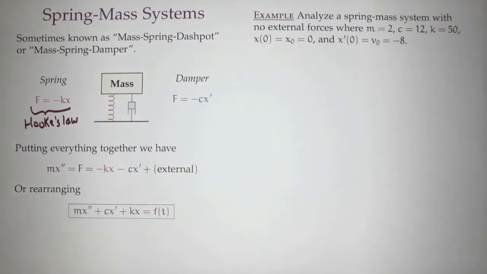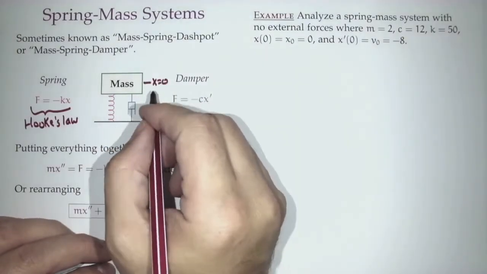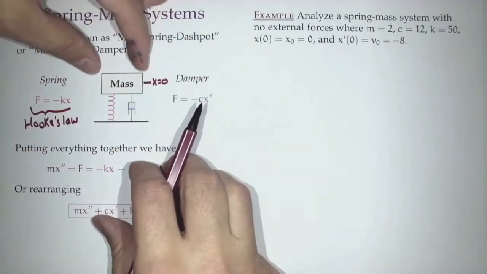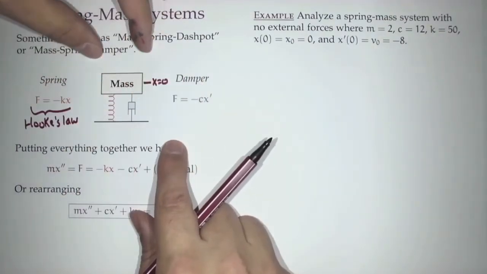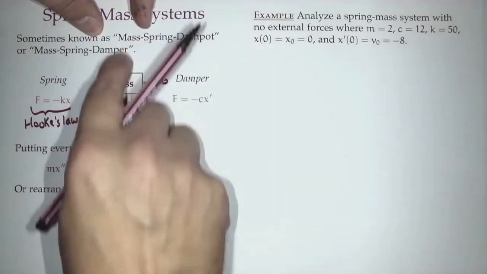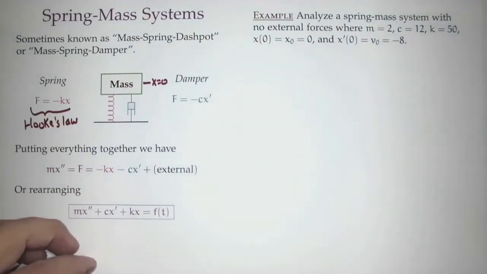You can imagine there's some sort of measurement, like there's x equals 0. If you pull this up, the spring says, no, come back the other direction. And the more you pull it up, the more it says, no, I'm serious, you really need to go back. So that's what Hooke's law says.